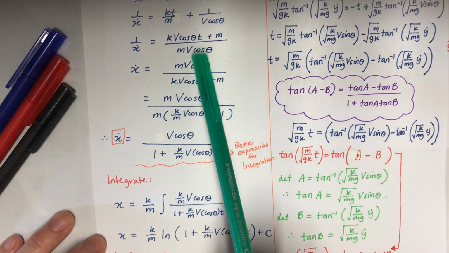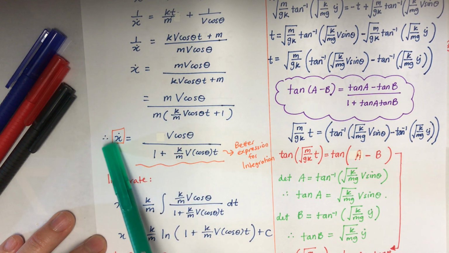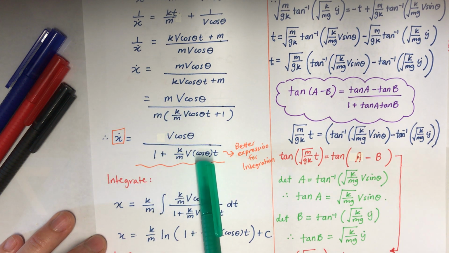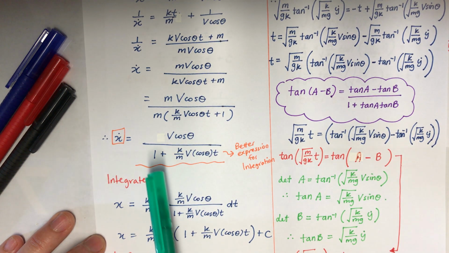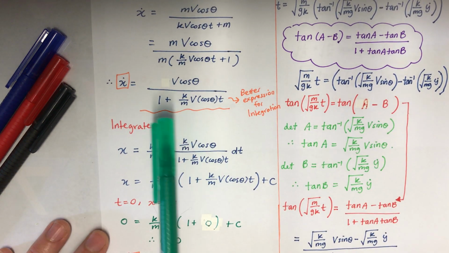Can I just leave it like this? It is okay, but we've got more to go, guys. We've got to go to the displacement, and this is the best way for us to integrate. If I leave it like that, it'd be a bit messy, so I'm just going to make it a little bit better for integration.